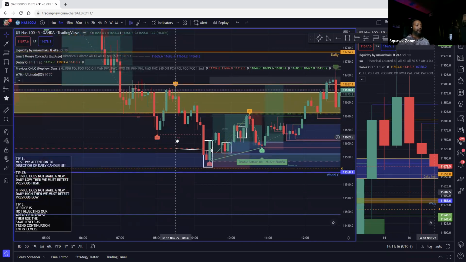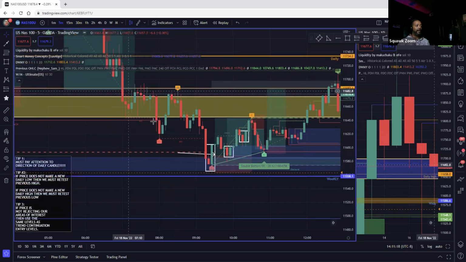So another entry, if you take a look, price came down. It broke through this daily level. It came back up, and now you're looking for signs of rejection again, of continuation, a rejection of this high daily level. Well, you've got it here. This is engulfing. Let me annotate.